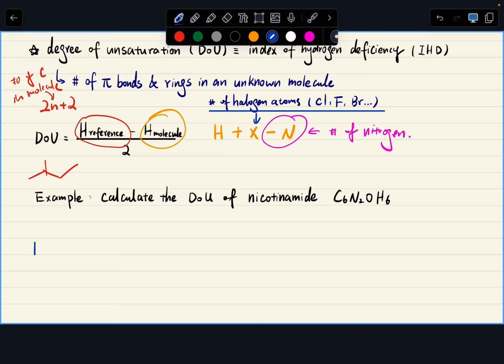Now in this case, my DOU equals 1/2 times my reference. We have 6 carbons, so 2n plus 2, that's my H reference, minus the number of hydrogens. We have 6 hydrogens and 2 nitrogens, so we want to do plus, minus 2.